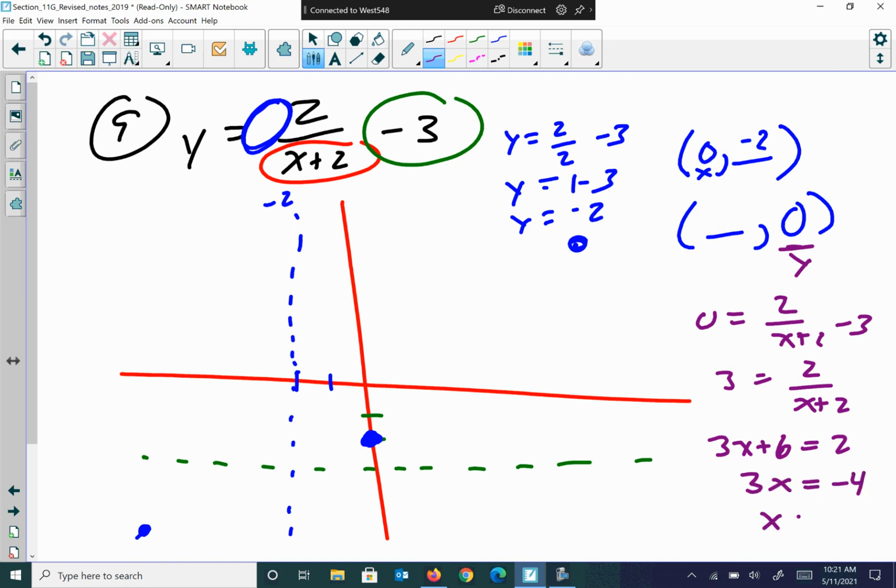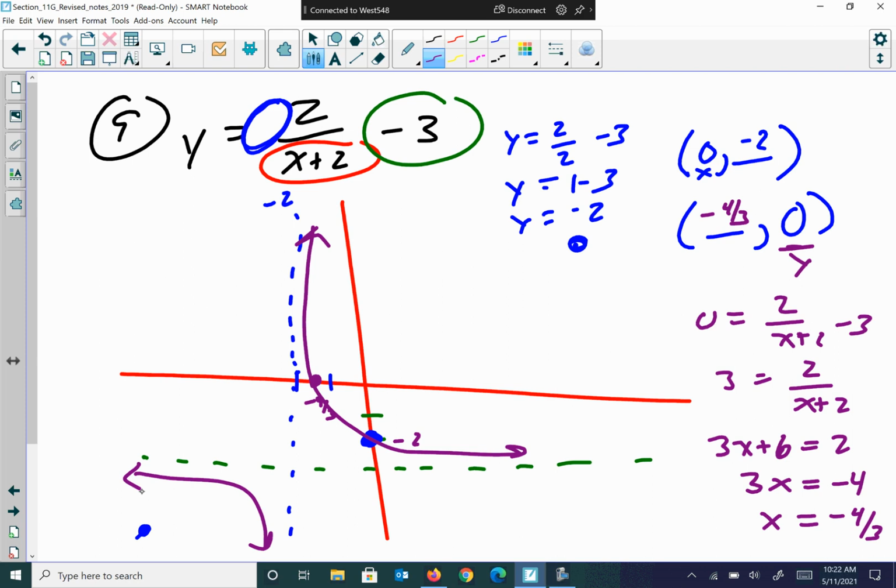So x equals negative 4/3. So negative 4/3 is like here. And this one was negative 2. So here's what our graph looks like, and we're all done. Does that make sense?